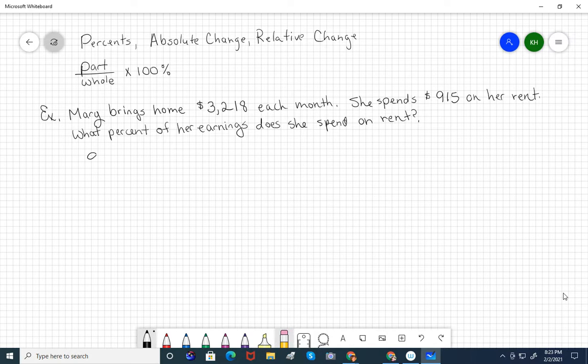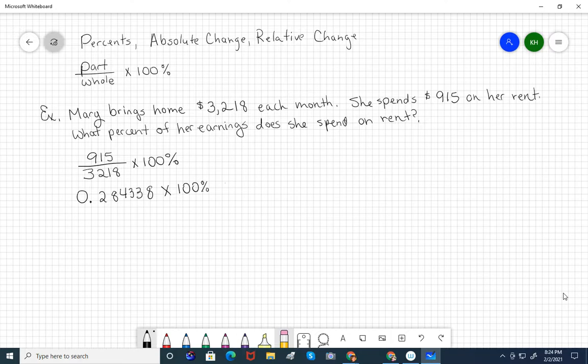So we would say 915 over 3218 times 100%. If I do 915 divided by 3218, I get 0.28433, lots of digits, times 100%.